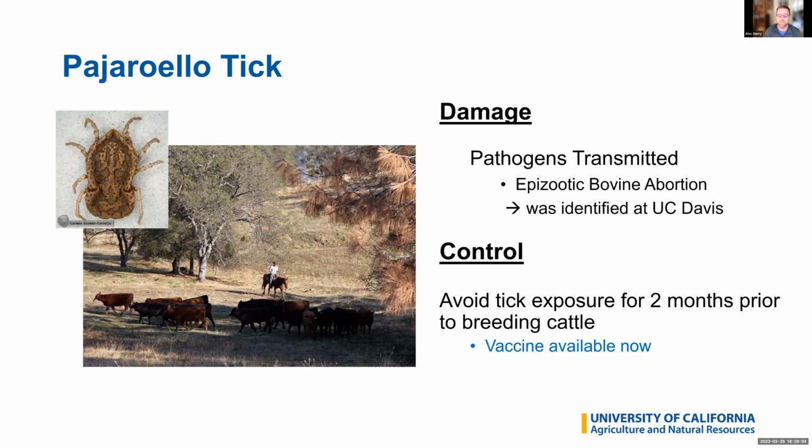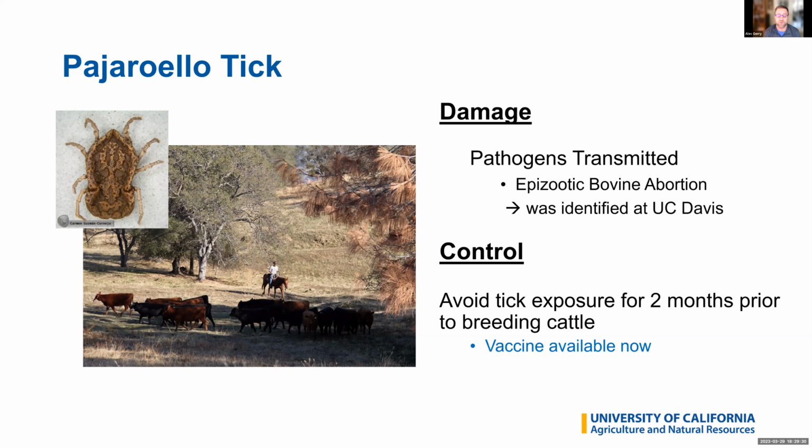This pathogen was somewhat recently identified at UC Davis some years ago. And in fact, the folks up at Davis have developed a control method really recently, a vaccine that can be applied to animals to get control of the pathogen, the epizootic bovine abortion pathogen, not the tick per se.